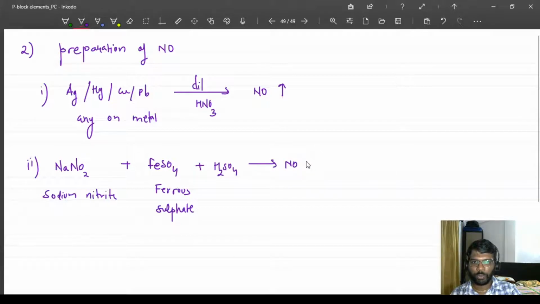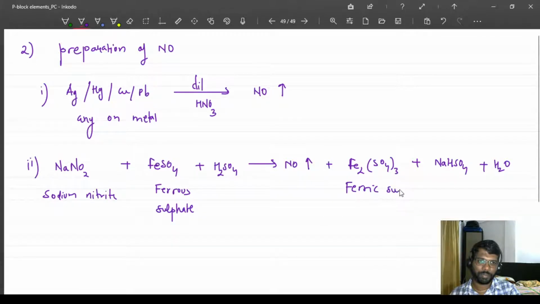This is again going to give you NO, which is a gas, then ferric sulfate, that is Fe2(SO4)3, plus other products. This is ferric sulfate, right?